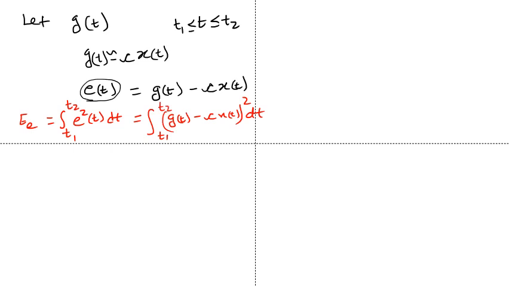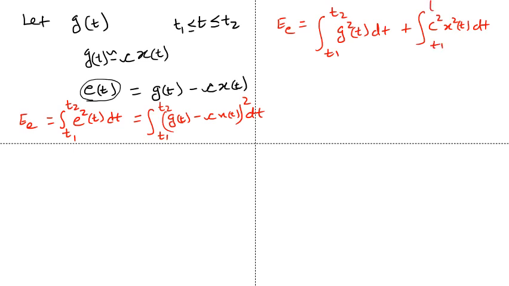Then this energy of the error signal will be equal to the integral from t1 to t2 of g squared t dt, plus the integral of c squared x squared t dt from t1 to t2, minus twice the integral of c g(t) x(t) dt from t1 to t2.